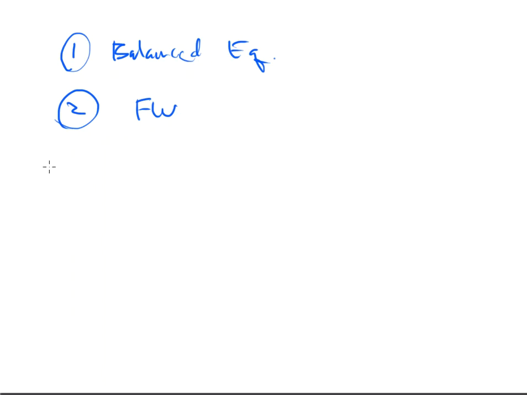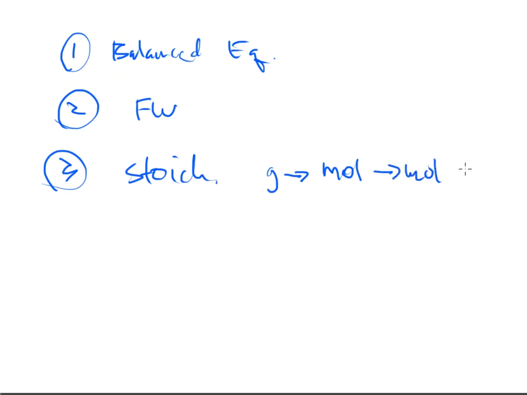Number three, you're going to have to use a little bit of stoichiometry. Keep in mind, most of the questions are going to give you grams of one thing, and you need to go to moles of another thing, and then back into grams.